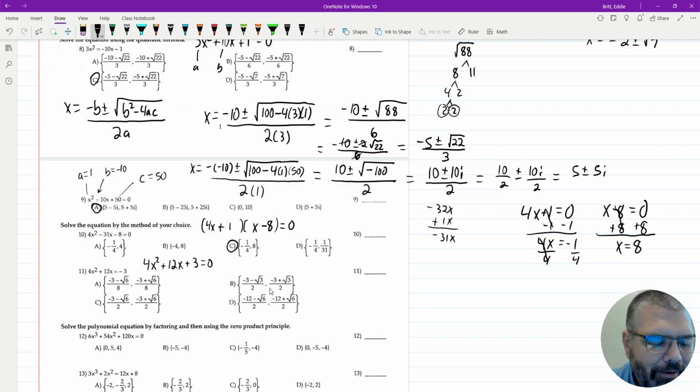So we want to use the quadratic formula. My A is going to be a positive 4. My B is going to be a positive 12. And my C is going to be a positive 3. All right, so x equals negative B, so negative 12, plus or minus the square root of B squared.